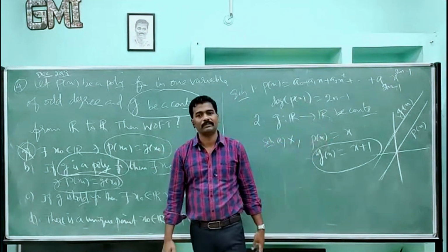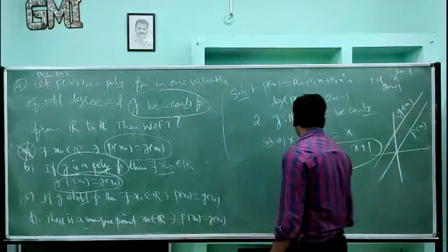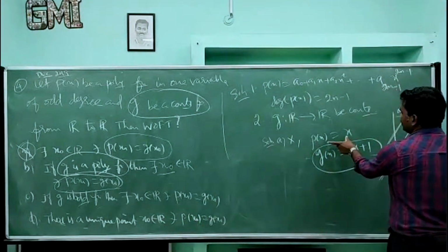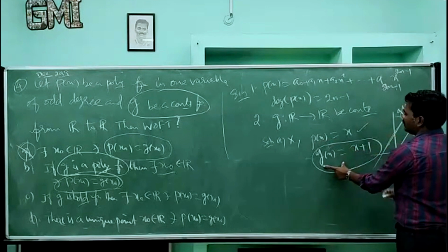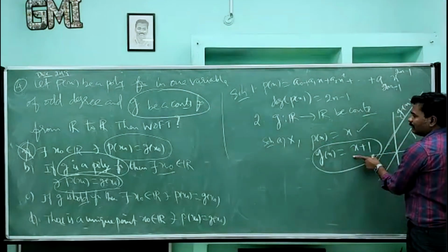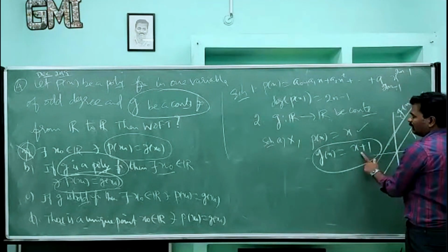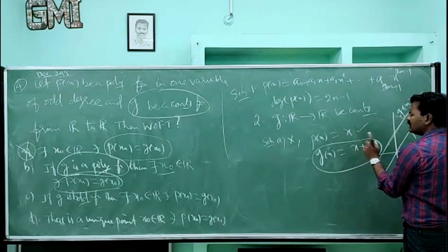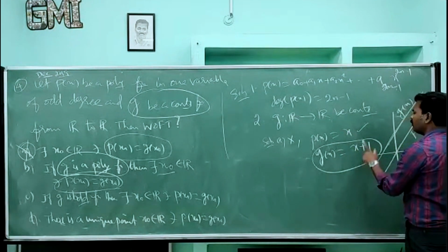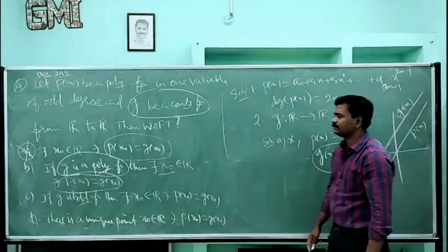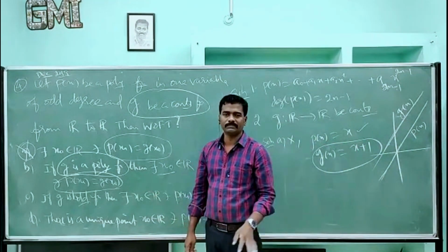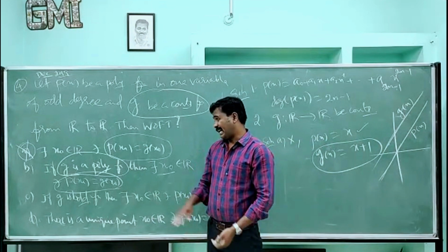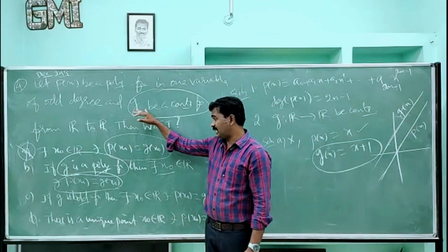The same example works. Why the same example? The general hypothesis: P of x is an odd degree polynomial, and G of x is a polynomial. This is an odd degree polynomial, this is also a polynomial, but they never meet. Therefore, this option is also not always true. Actually, this option holds only for G continuous.